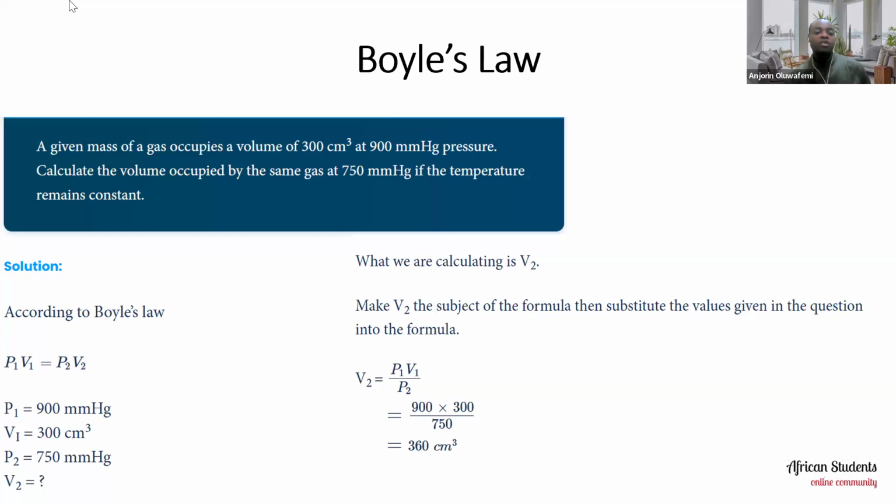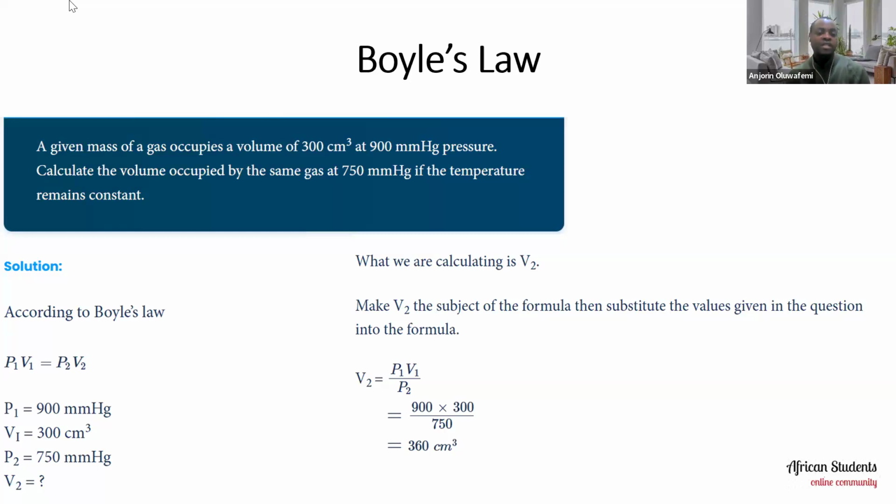A given mass of a gas occupies a volume of 300 cm cube at 900 millimeter mercury pressure. Calculate the volume occupied by the same gas at 750 millimeter mercury if the temperature remains constant. So when we solve this one, we bring in Boyle's law, which is P1 V1 equals P2 V2, okay?